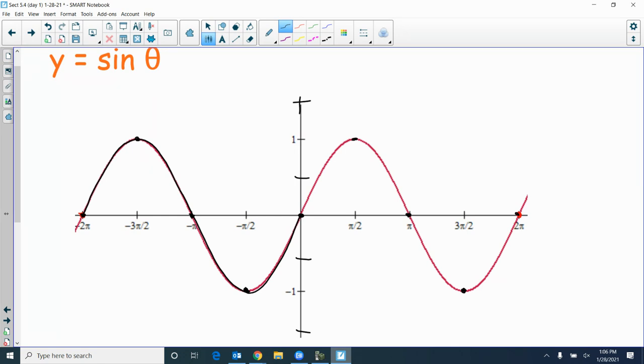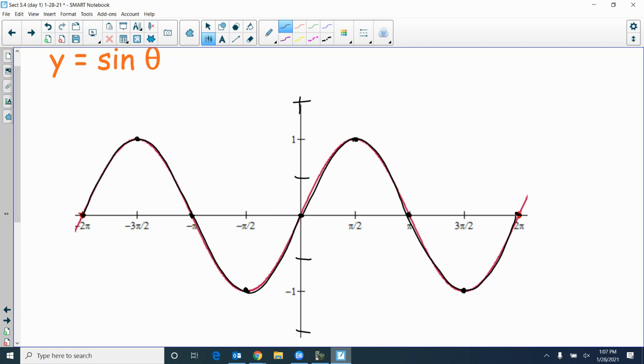Everything's a curve. And then at 0, it goes from 0 up to 1, back to 0, down to -1. So you want to draw that as neatly as you can because you're going to use that for the rest of the chapter.